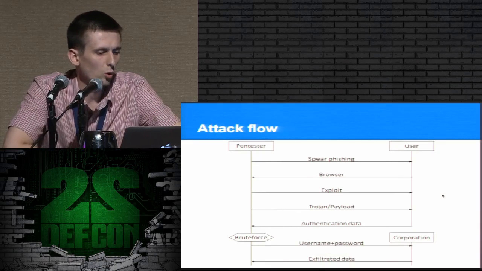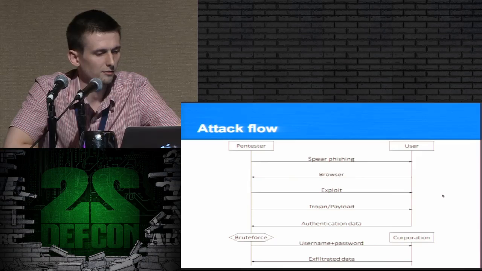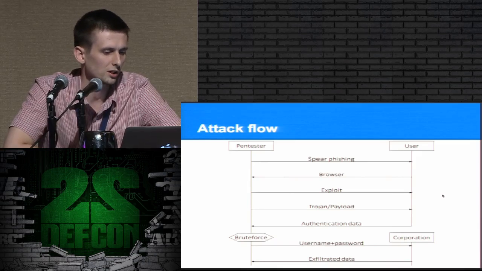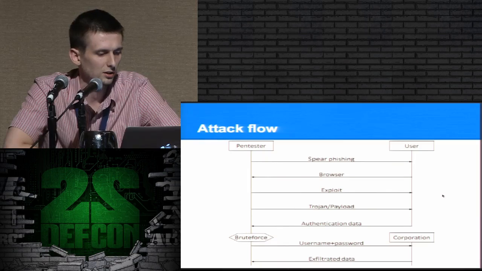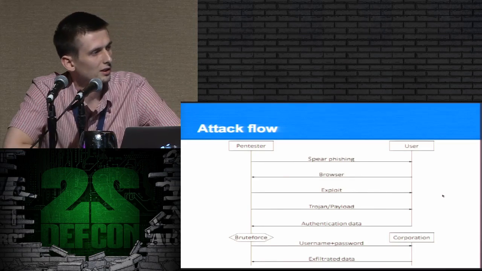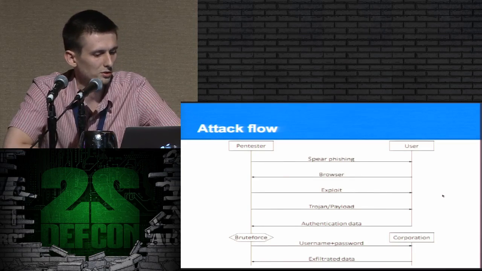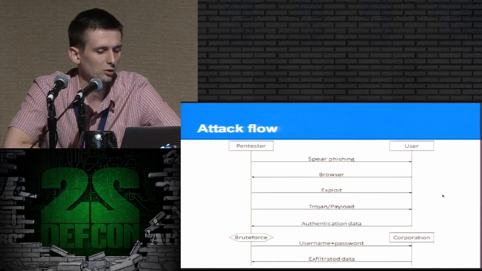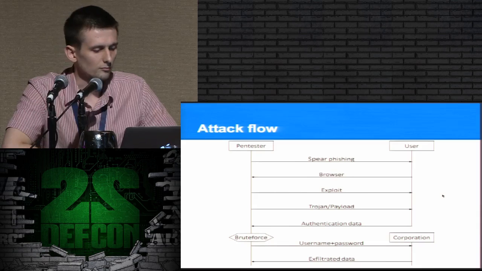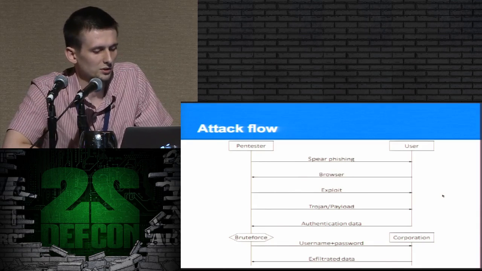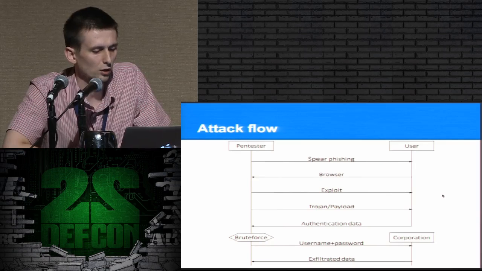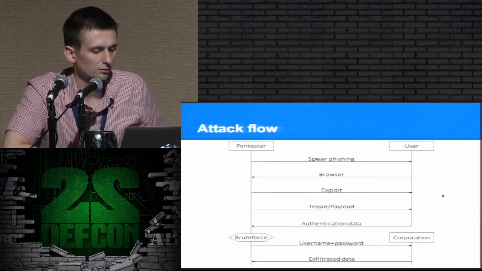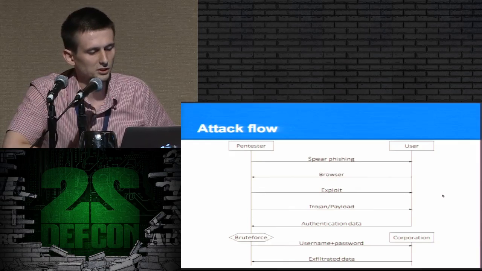So what will the attack flow actually look like? The pen tester will send the user some kind of spear phishing. The user will be navigating, clicking on the link, or downloading some payload, or exploit it anyhow. The payload will try to authenticate the user on itself and send the authentication data, extracted from the data flow, to the pen tester.